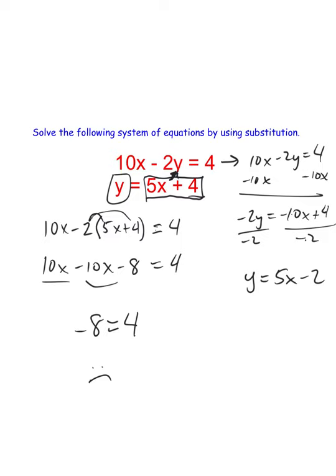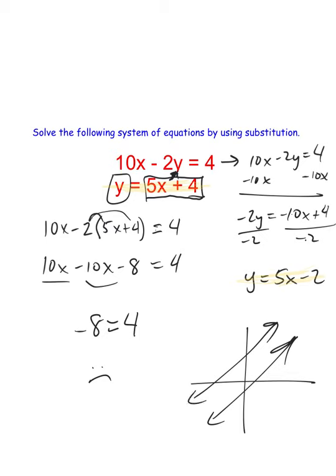Well, when you look at this, you've got this equation here and this equation here that now have the exact same slope, but different y-intercepts. Okay, so if we were to graph these, it would look something like this. One of them would look like this, and the other line would look like this. Okay, the issue here is these lines are parallel.